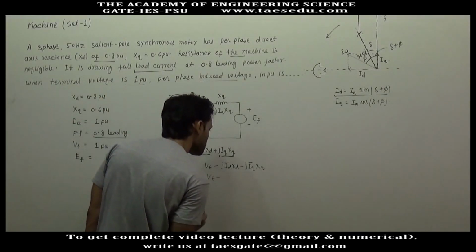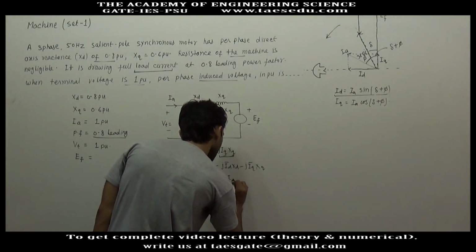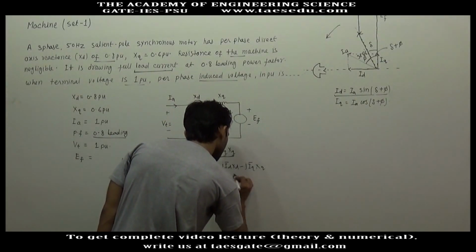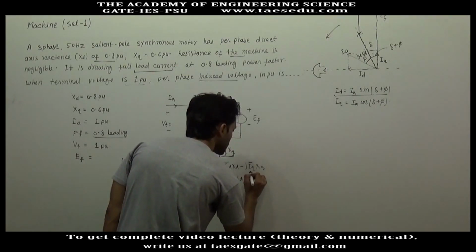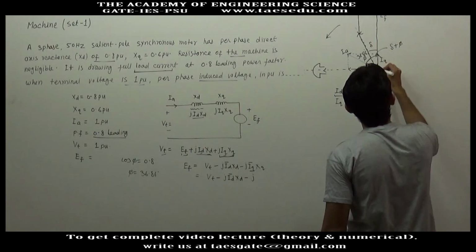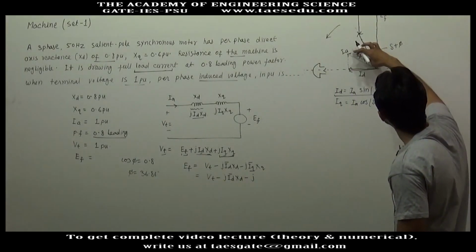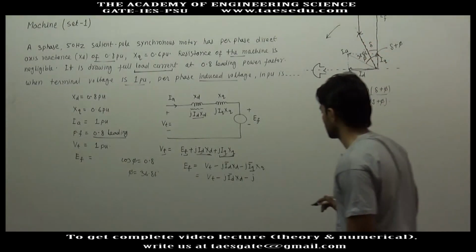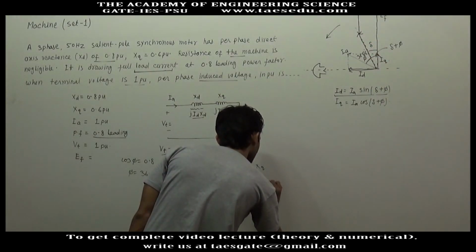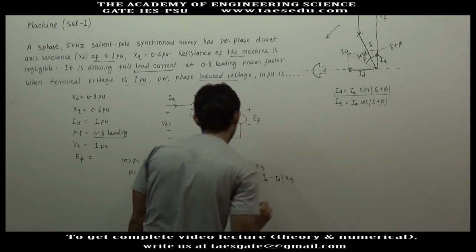Vt minus jIdXd minus j. The vector sum of Iq and Id will give you Ia. So Iq can be written as the vector Ia minus Id. This is Ia vector minus Id vector into Xq.